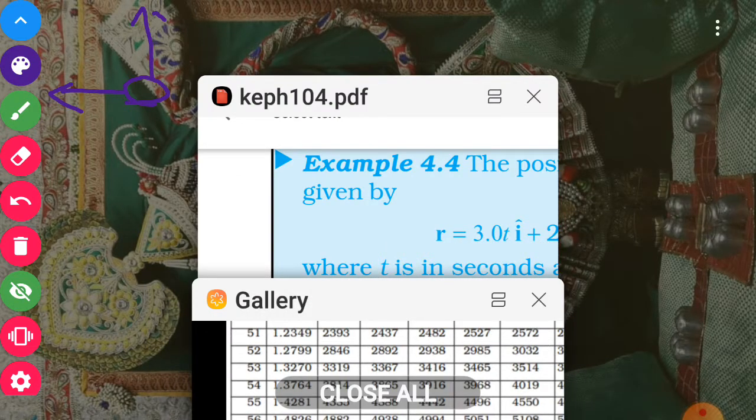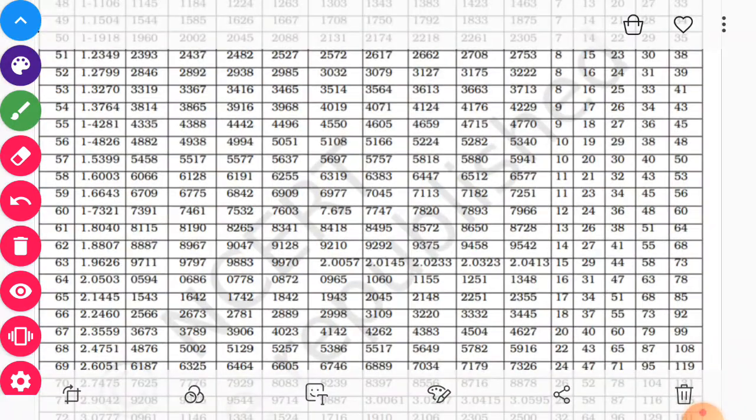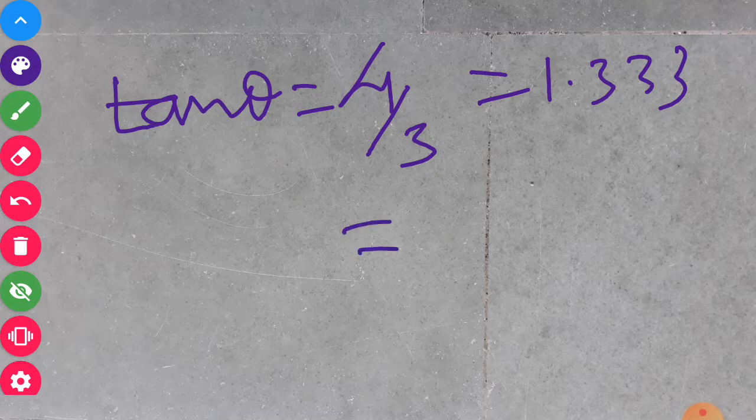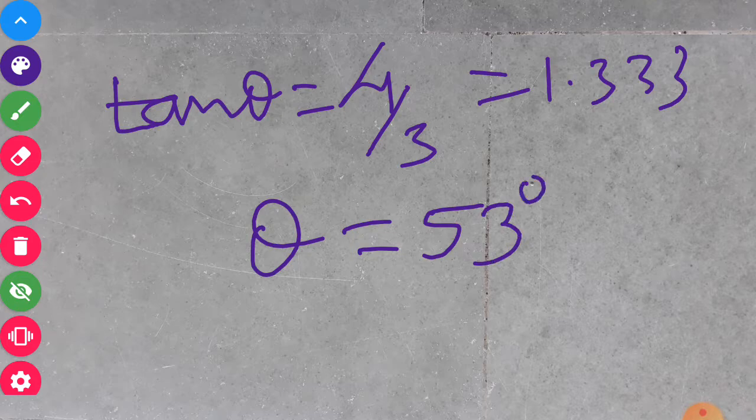So the angle here which we got, at what angle the velocity will be, or the direction of velocity, which we got, tan theta as 4 by 3, that is 1.333, and that value of theta from the table is approximately 53 degree. Okay. So this way you can easily solve these numericals.